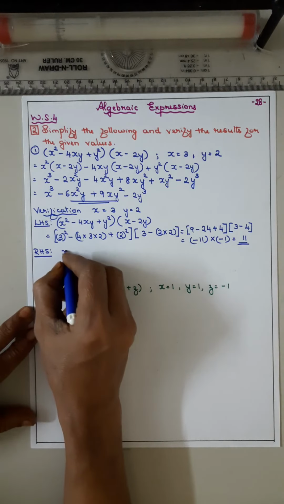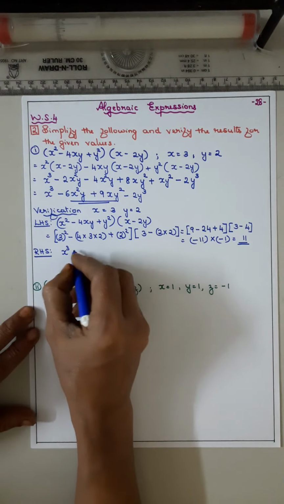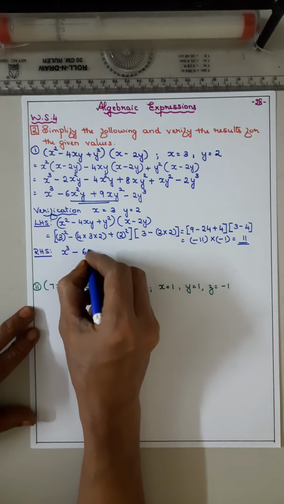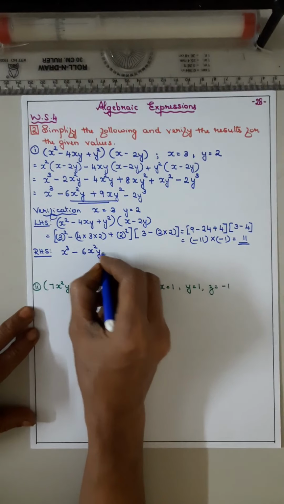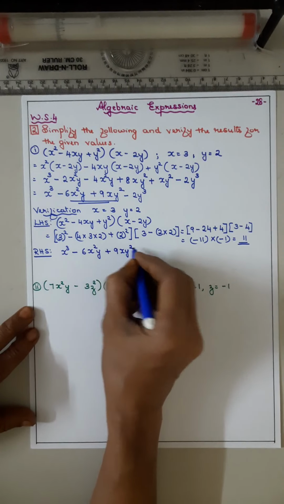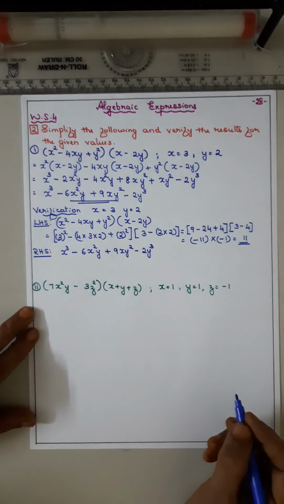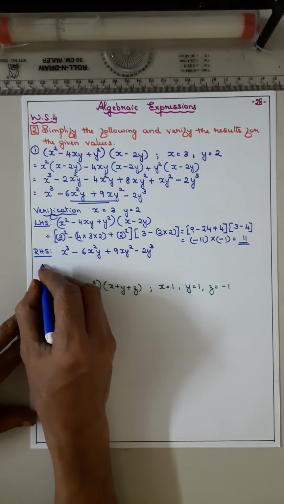Now coming to RHS. The answer, whatever you got, x cube minus 6x squared y plus 9xy squared minus 2y cube. Now put the values.